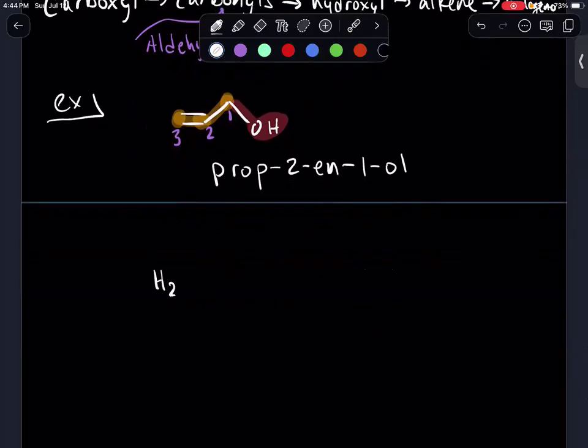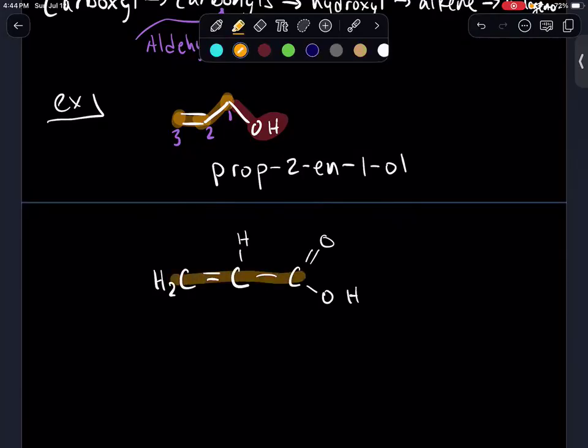Let's do another example. H2C, single bond C, or double bond C, H, C, O, OH. Pause it, try and figure this out, remembering where priority goes. All right, I'm going to go through this now. Still a propane, but actually it's a propene.